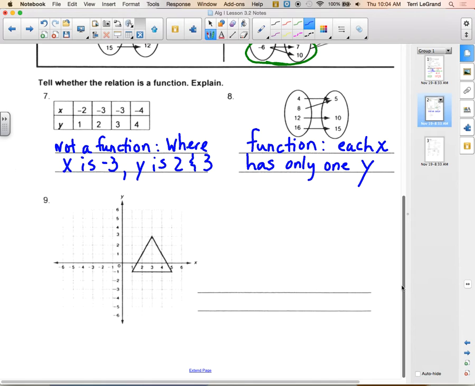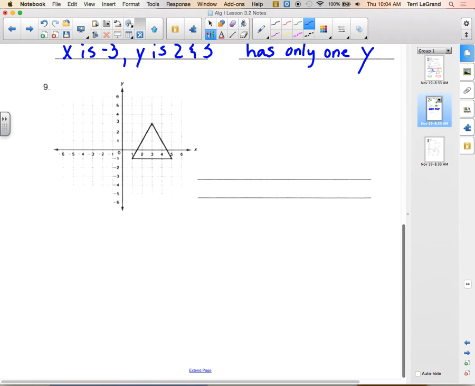Any questions on either of those two? Okay, then let's go down to our triangle here. Is that a function? Yes. Okay, support your claim for yes. We're going to say function, and what's our reasoning? John? Function, because when x is 3, y is 3 and -1.